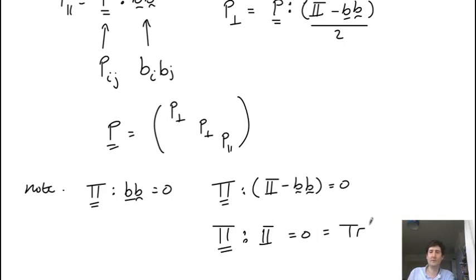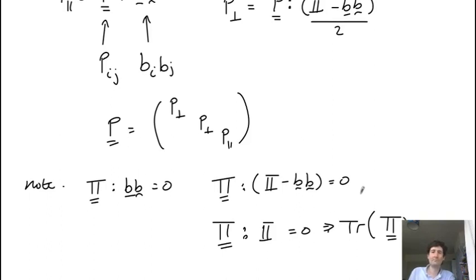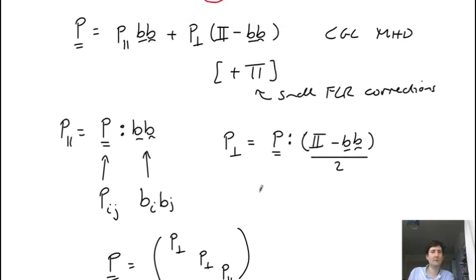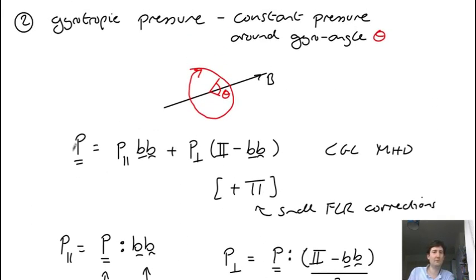So the sum over the diagonal of the stress tensor equals 0. Okay, the stress tensor has 0 trace and has this component, so there's nothing in the parallel direction.